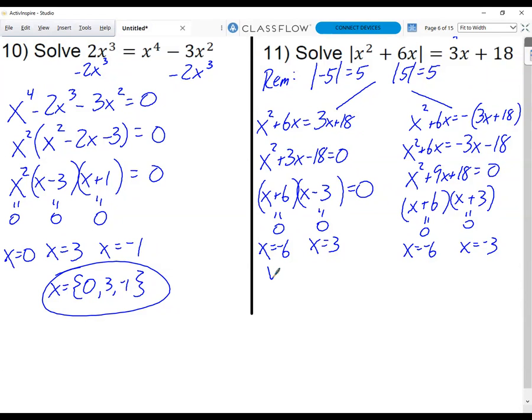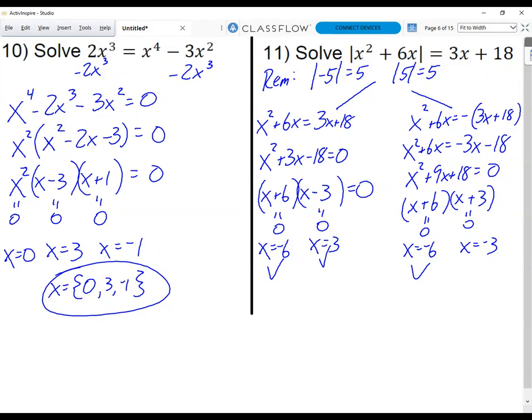So negative 6 is going to check out. Plugging 3 in, 3 squared is 9. 6 times 3 is 18. 9 plus 18 is going to be 27. 3 times 3 is 9. 9 plus 18 is 27. So 3 checks out, okay.